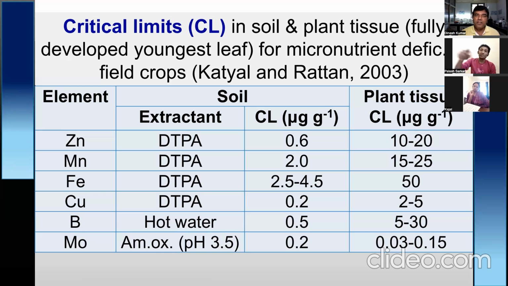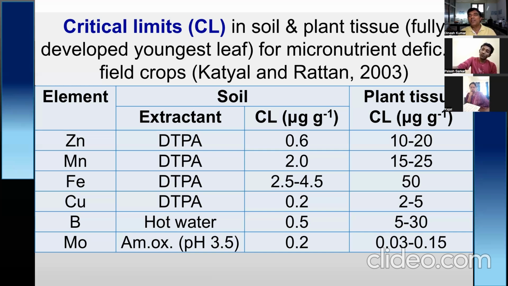It is mostly stage, type of plant, type of crop. For rice, the critical level for deficiency may be different from wheat or mustard. So plant type affects it, plant part used, at what stage you have taken the sample, and whether it is for soil or plant. So these are important things which we need to mention.